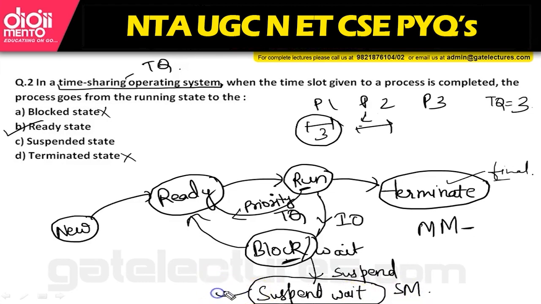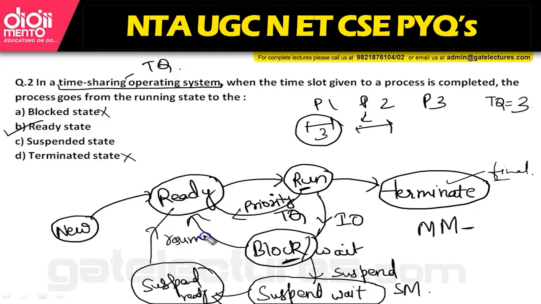Then after that it will be suspend ready when there is space available, and it will again resume. It can also come back to suspend ready if it gets suspended. So the suspended state is also not the right answer here. Ready state is the answer.